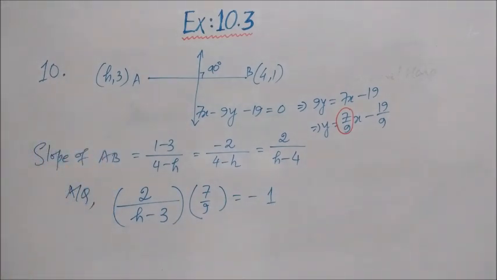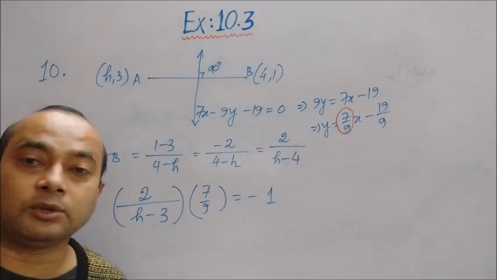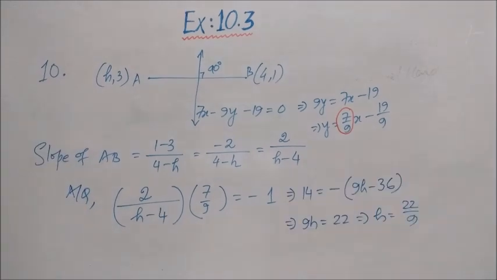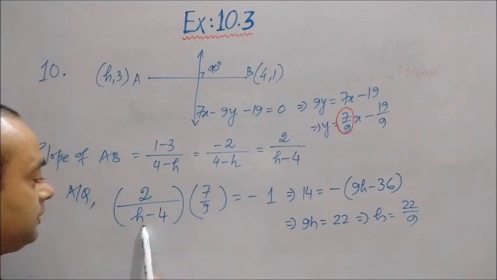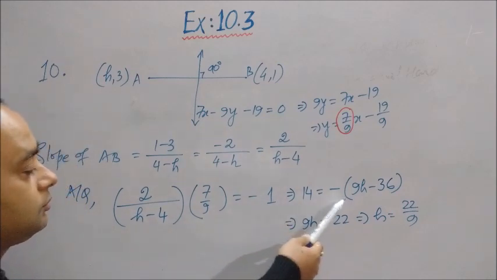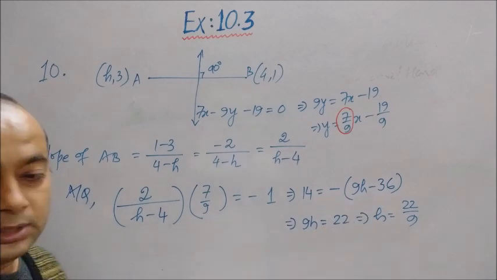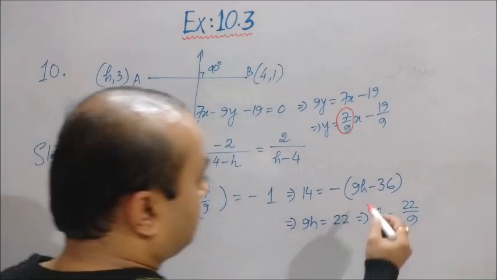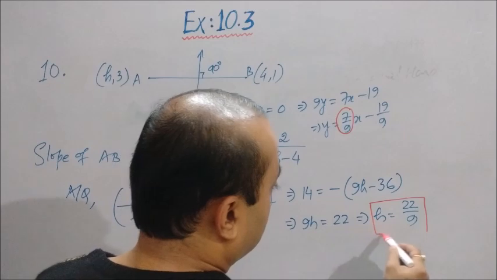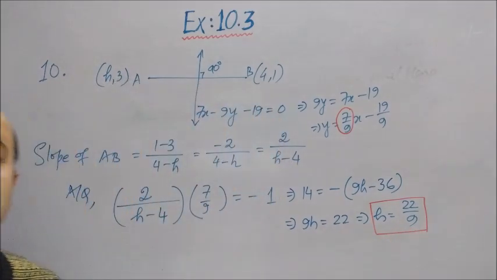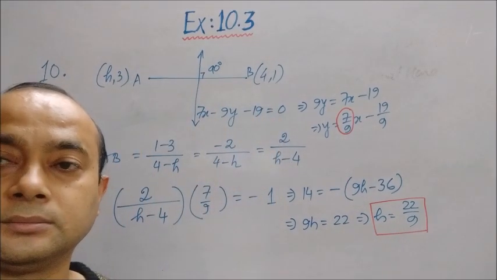And from this relation, you can find out the value of h. The calculation we have done, I have shifted this quantity to the right side. So it will become 9h and minus 36. And ultimately, the value of h comes out to be 22 by 9. So this is the answer to question number 10.